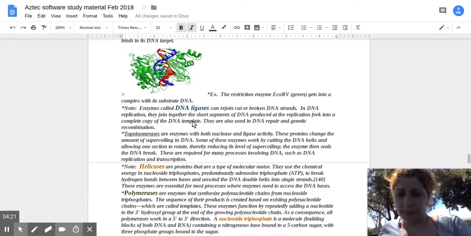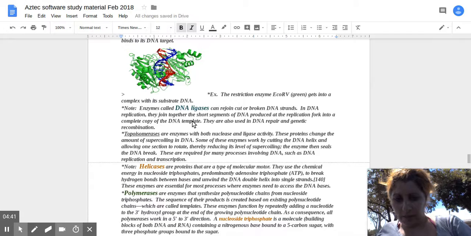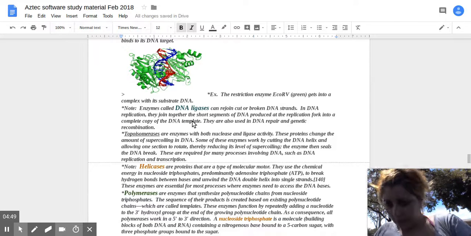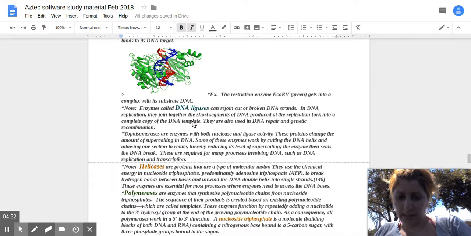Helicases are proteins that are a type of molecular motor. They use the chemical energy in nucleoside triphosphate, predominantly adenosine triphosphate, ATP, to break hydrogen bonds between bases and to unwind the DNA double helix into single strands.